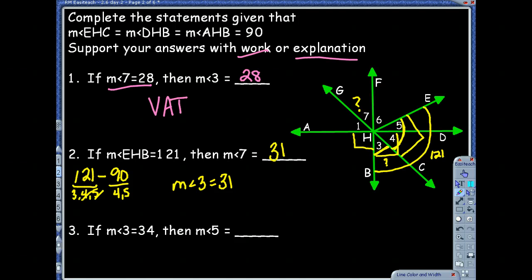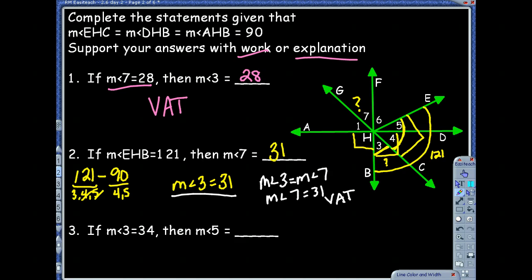So 121 minus the 90 gives us that the measure of angle 3 is 31, and the measure of angle 3 is equal to the measure of angle 7. Or you could just state that the measure of angle 7 is equal to 31 because of the vertical angle theorem. This isn't a formal proof, so we're not looking for every little detail.